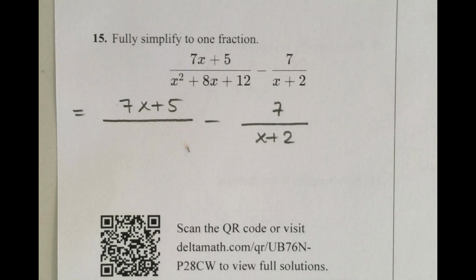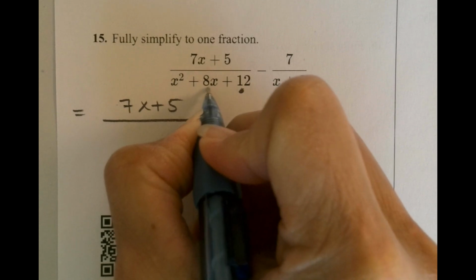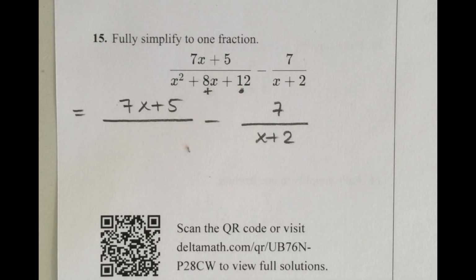And if you need the reminders, you can put little symbols underneath those numbers to remind you the questions you're asking yourself. What two numbers multiply to be 12 that add to be 8?